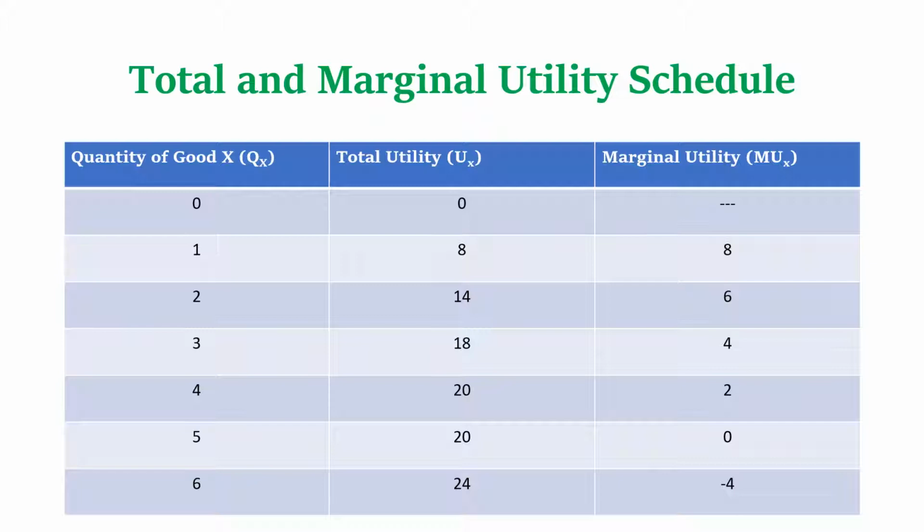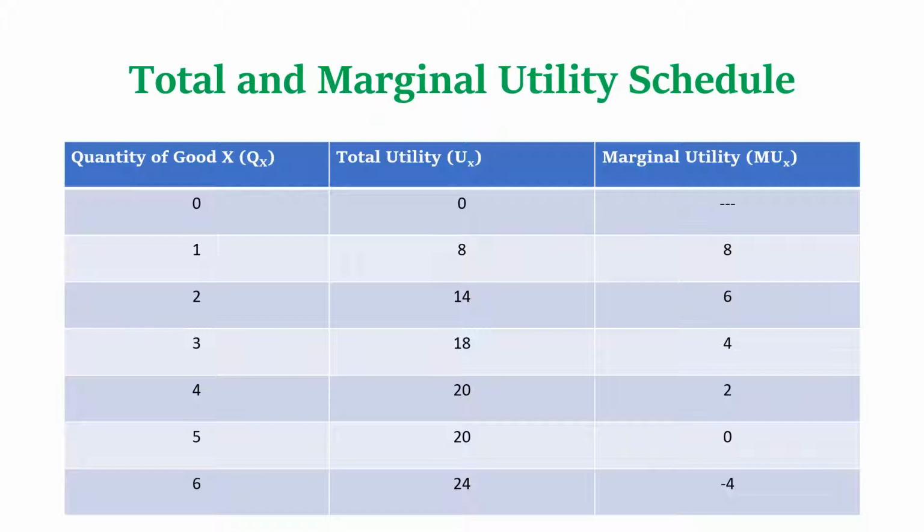It declines, right? It declines because the extra satisfaction from the consumption of an additional unit declines. That's why we see a fall in the marginal utility here.